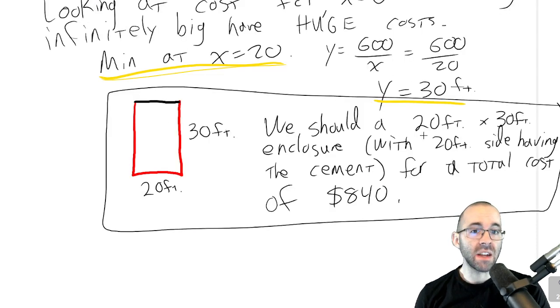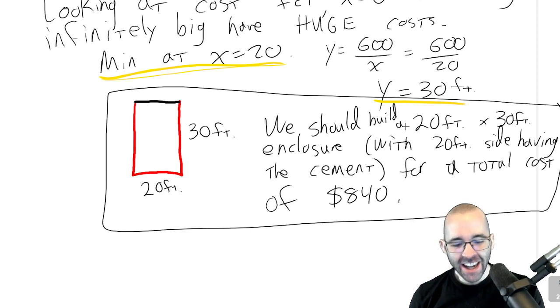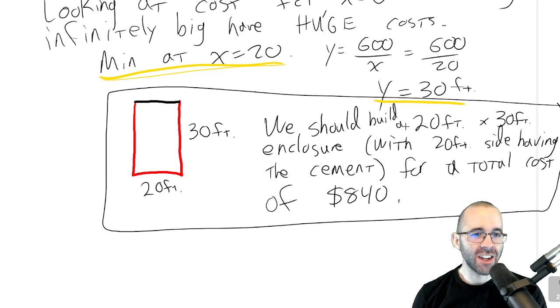This answer makes a lot of sense to anybody. We should build a 20-foot by 30-foot enclosure, the cement side being the 20-foot side, total cost $840. Here's the picture. Everybody knows what this means.